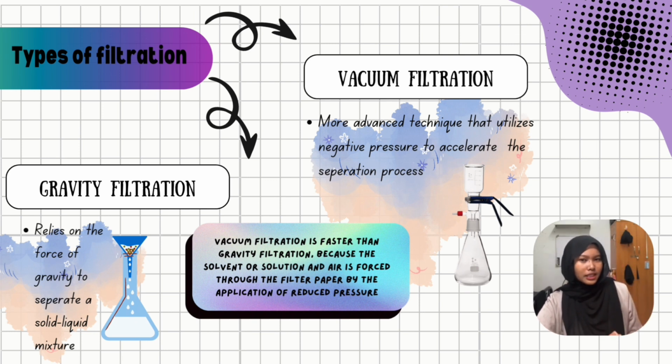The other one is vacuum filtration. Vacuum filtration is a more advanced technique that utilizes negative pressure to accelerate the separation process. It involves connecting a filter flask to a vacuum pump, creating a pressure difference that draws the liquid through the filter medium.